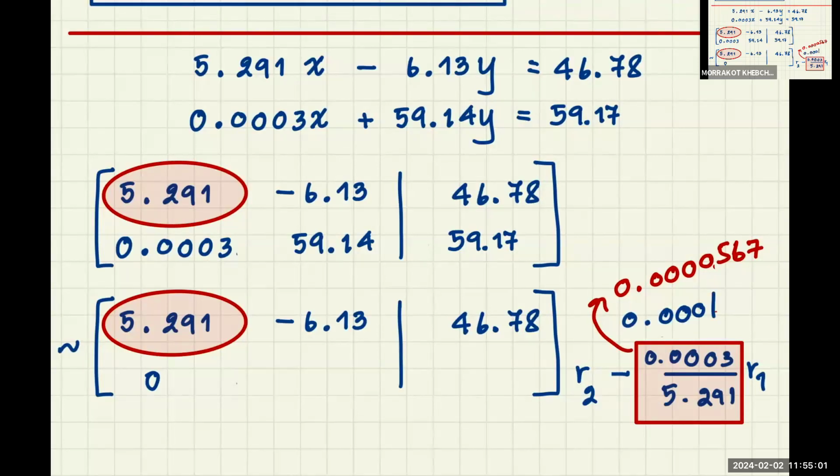Okay. Because this number greater than 5, so I round up to 1.